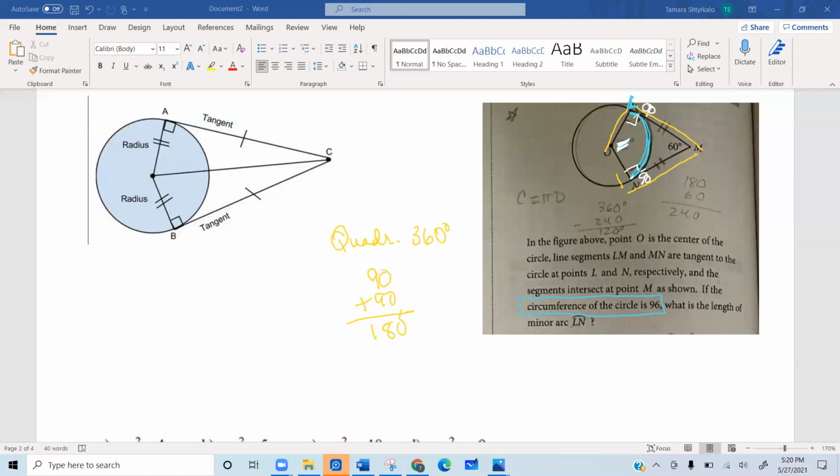It's the two 90-degree angles, and that one is 60. Well, that's 240, right? So if there's 360 degrees altogether in that quadrilateral and 240 have been given to me, you can see right here where I did the math and got 120. So now I know that this angle is 120 degrees.